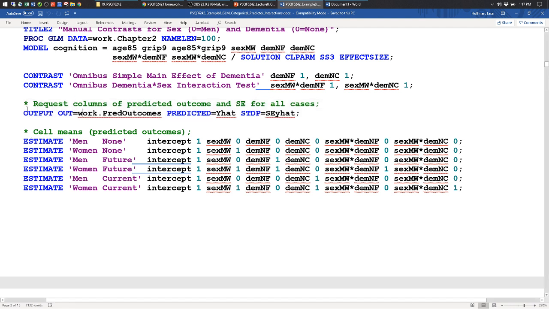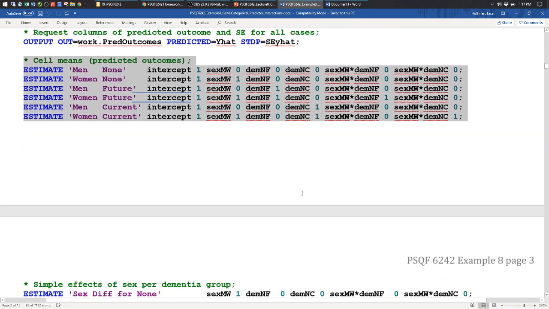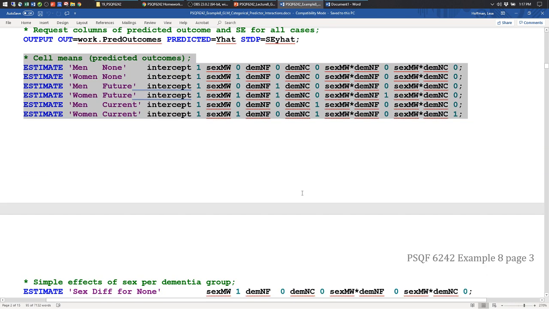Otherwise, if you don't do this and you want to know what the means are for each group, here's an example of estimate statements that would give you that. Note that because age and grip are not here, we're treating them as if they're set to 0. So all of these are conditional means for somebody who is 85 with a grip strength of 9.